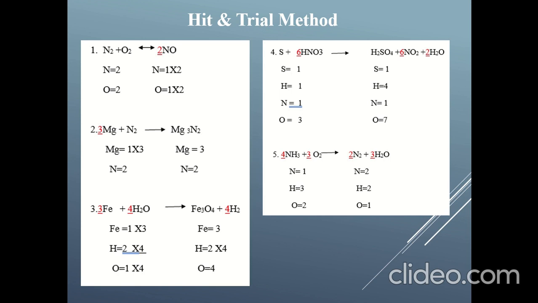To balance it, the equation becomes 4NH3 plus 3O2 gives 2N2 plus 6H2O. The number of atoms on the reactant as well as the product side is the same and it is balanced. In this way, the balancing of equations is done.